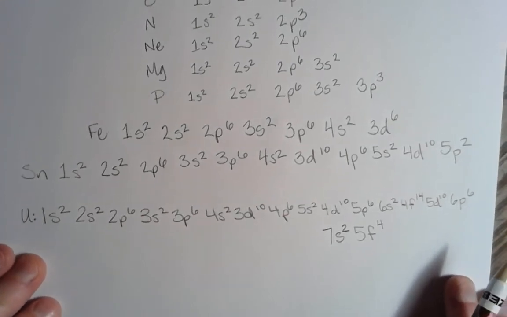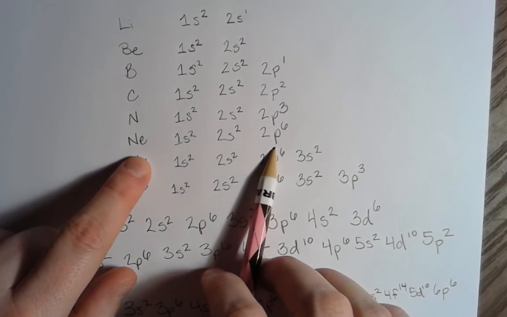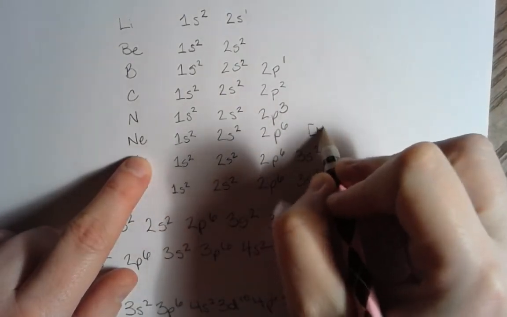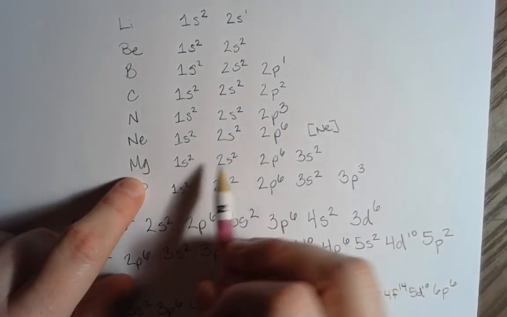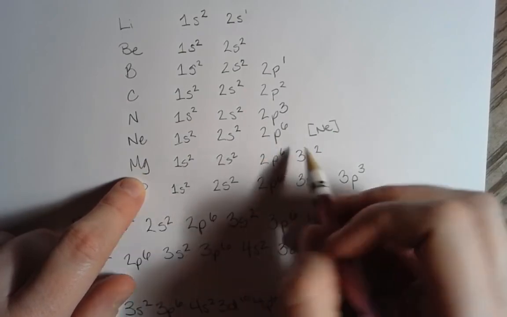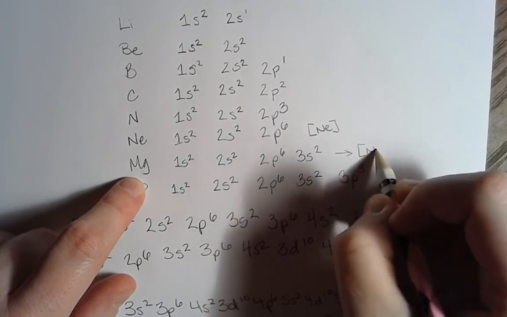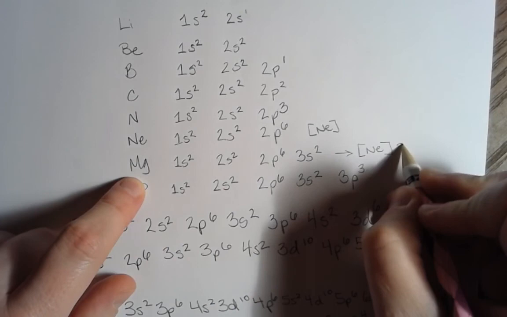So actually neon is a core because this is a full p. Neon you could write like that. Magnesium, here's your full P. That full P is neon, so you would write magnesium as a neon core plus 3s2.